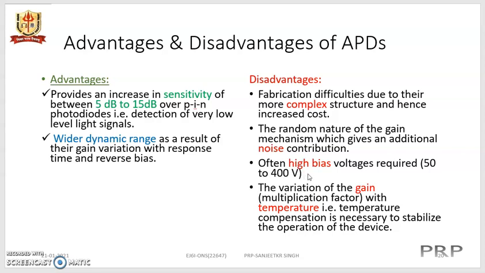Thirdly, for the impact ionization to take place, it requires a very high bias voltage of the order of 100 to 400 volt. Lastly, the variation of the gain, that is the multiplication factor, with temperature means it is temperature sensitive, and hence temperature compensation is necessary to stabilize its operation.